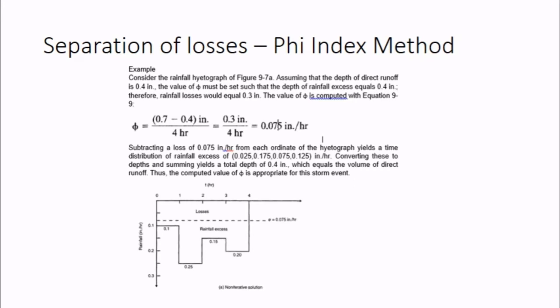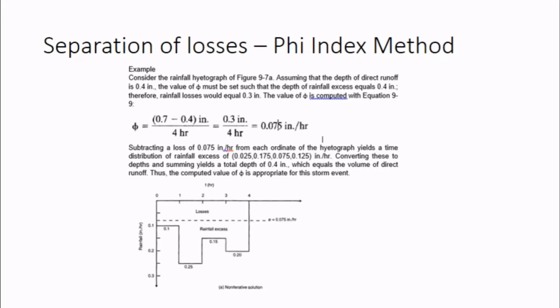I think one here is 0.7, and the other is 0.4. So, 0.7 minus 0.4 all over 4 hours, 0.3 inch over 4 hours, 0.075 inch per hour.